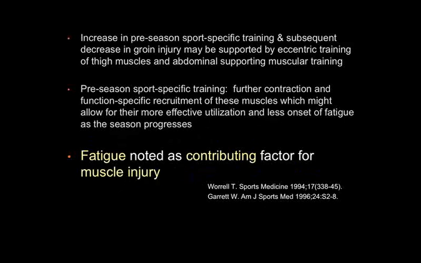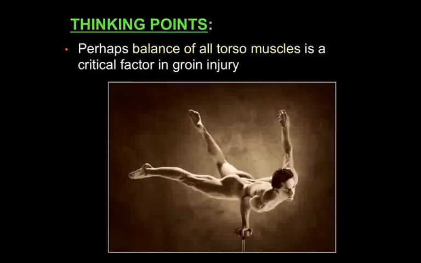Fatigue has been noted as a contributing factor for muscle injury. So the thinking point now is that perhaps the balance of all dorsal muscles is a critical factor in groin strain injury and reducing its risk.